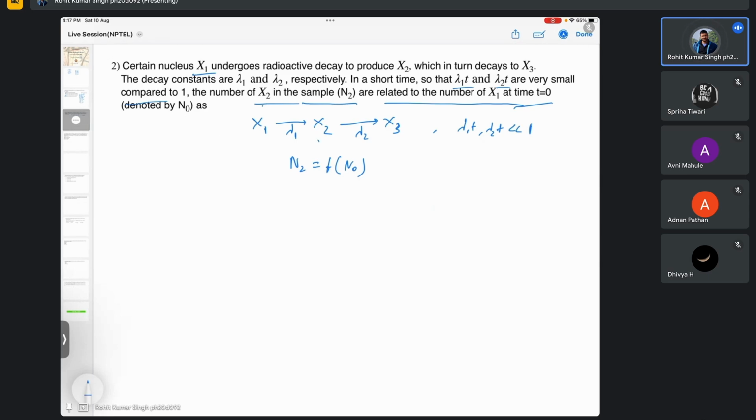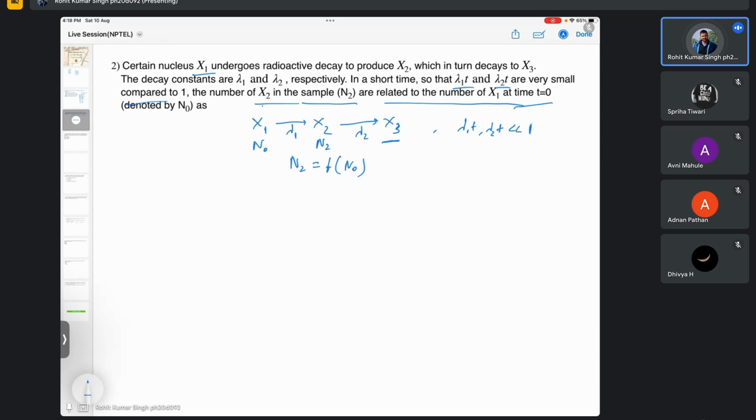N2 is the number of X2, and N0 is the number of X1 at time t equal to 0. We don't have to bother about X3 in this problem, right?